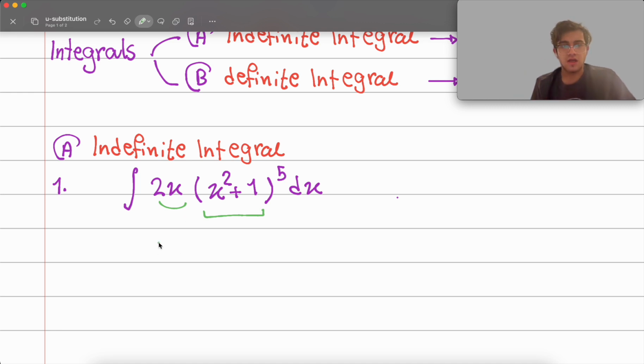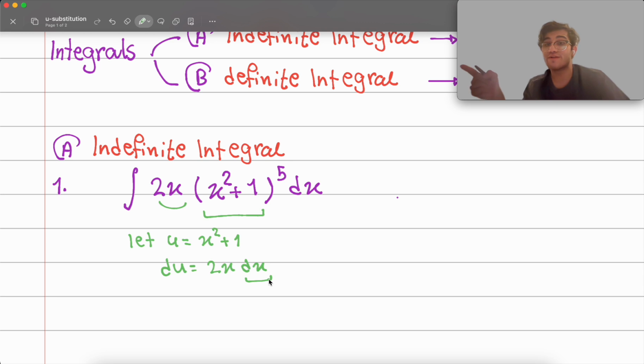Well, I would say let u be this function, x squared plus 1. Then I'm going to take the derivative of this u. I'm going to say du is equal to 2x, right? And I also have to put the dx because we are taking the derivative with respect to x.